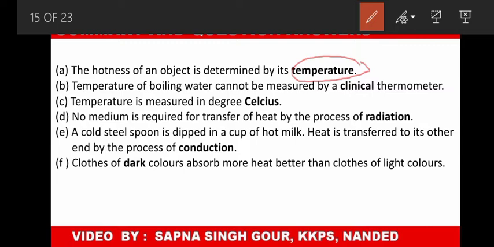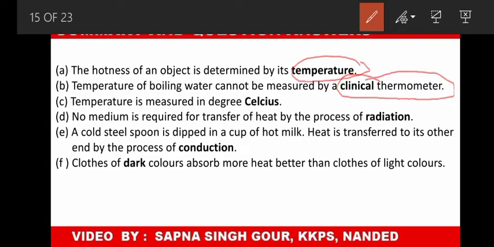B. The temperature of boiling water cannot be measured by a blank thermometer. By which thermometer can we not measure? Clinical thermometer. The answer is clinical thermometer.